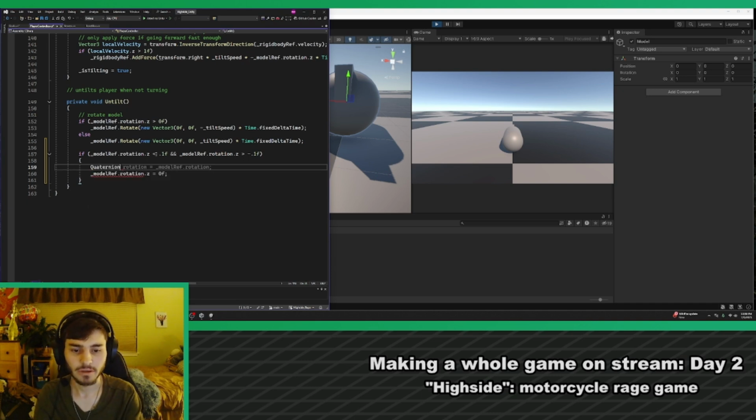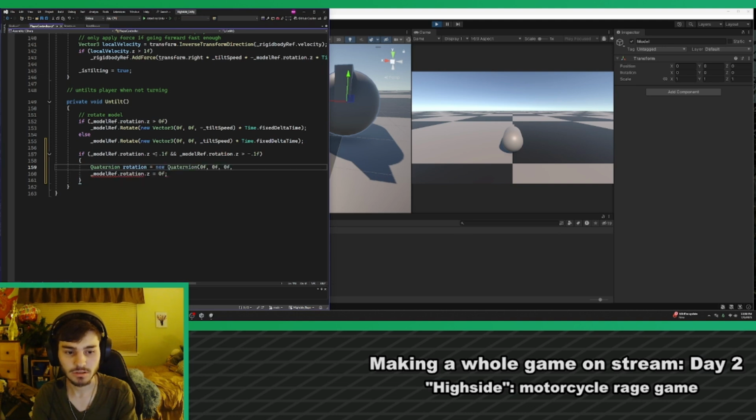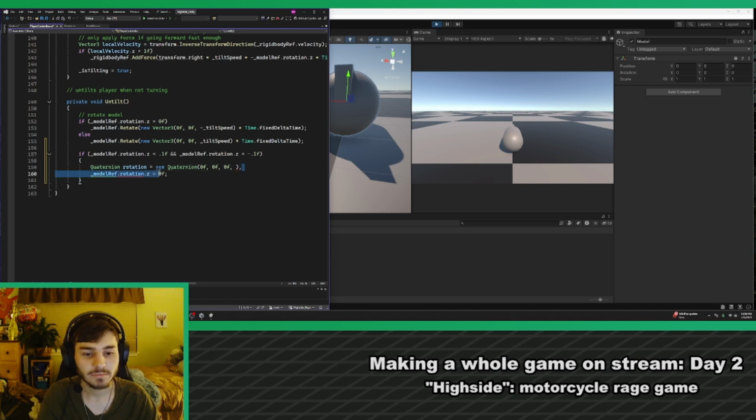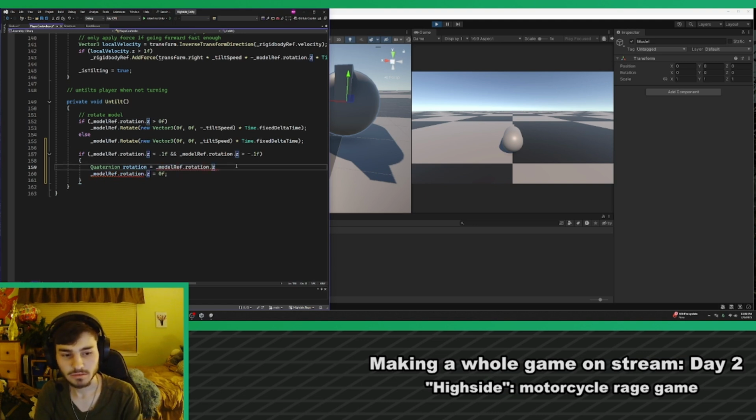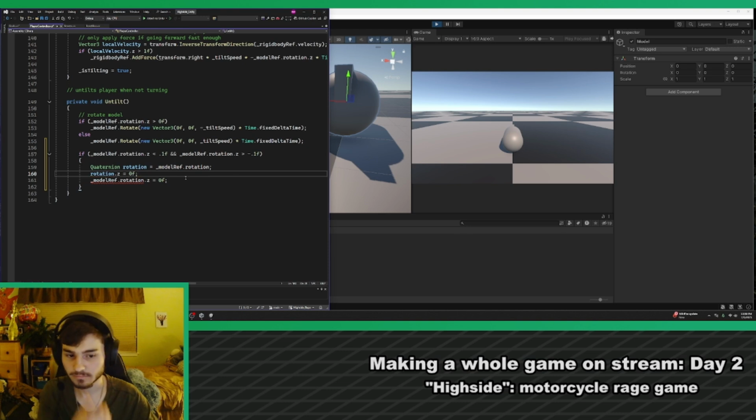I could just do, okay, Quaternion rotation equals... actually, yeah, I'll set it to ref Z and then rotation Z equals 0 and model ref rotation equals rotation.